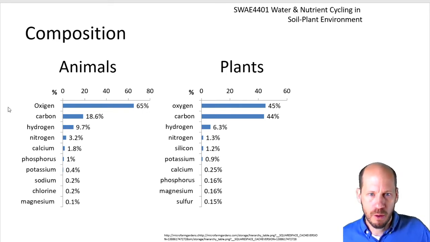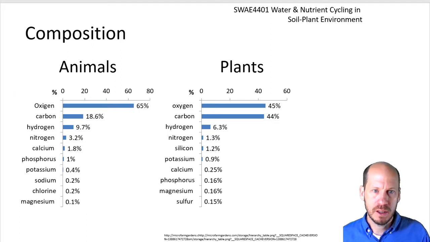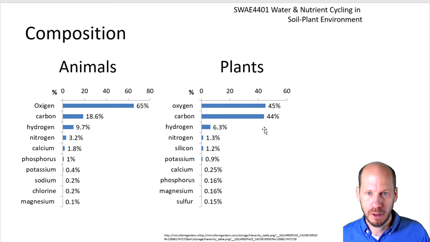This is an overall general case, but of course this varies a lot within different plants and will vary quite significantly also among different animals. But you may notice there is a big difference between the composition of oxygen, carbon, and hydrogen, and plants will have quite a lot more carbon than animals.